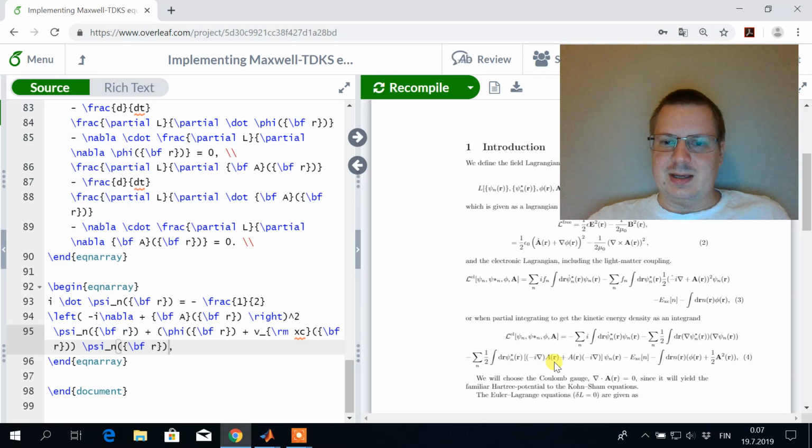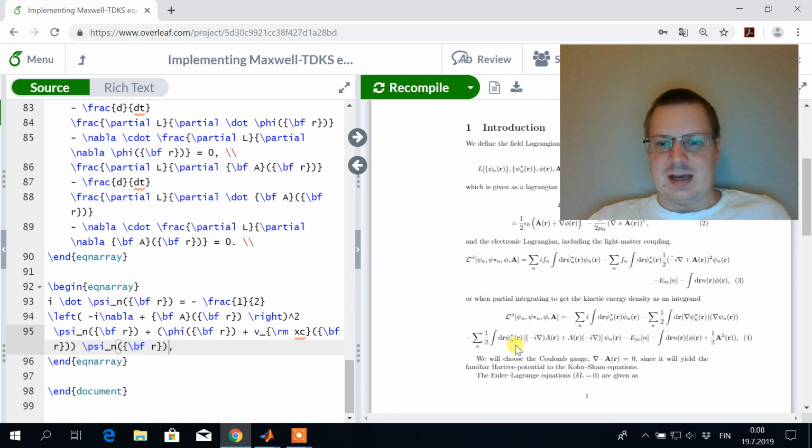So we have PA plus AP psi n, and that's minus half.